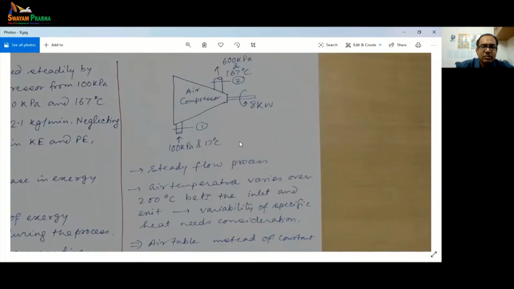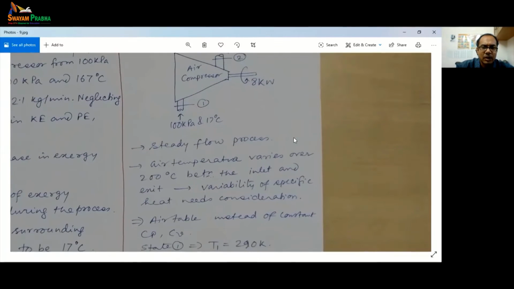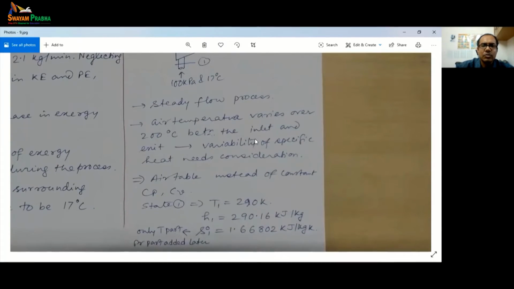We can see a lot of temperature difference, so the variability of specific heat we need to take into consideration. This is something we did not consider in the earlier tutorial.